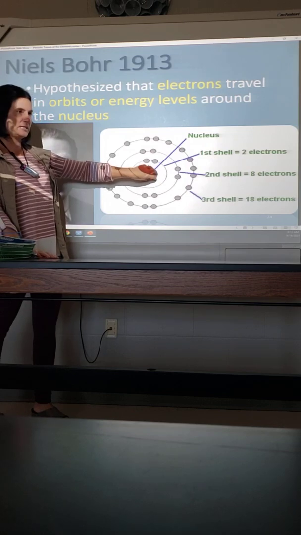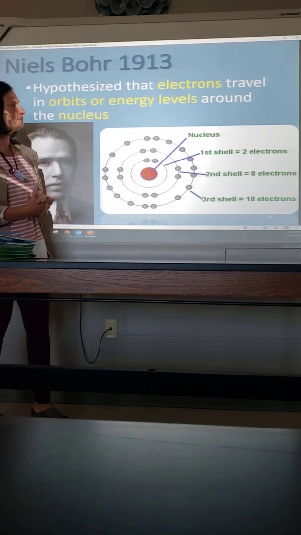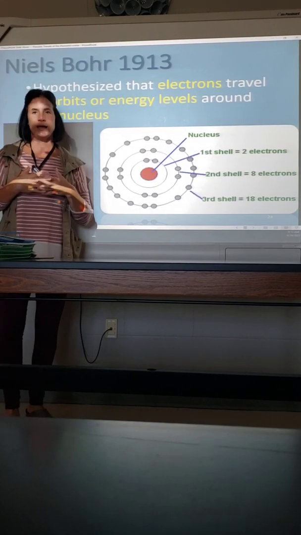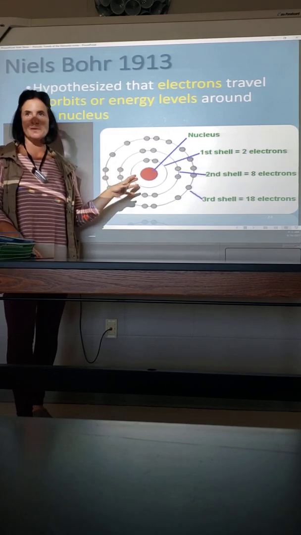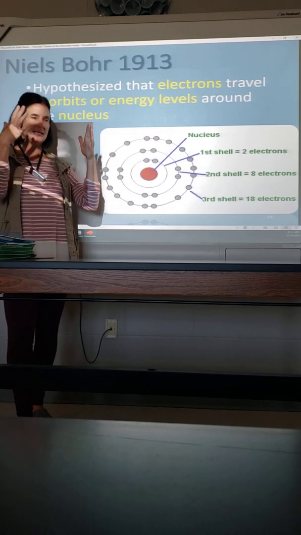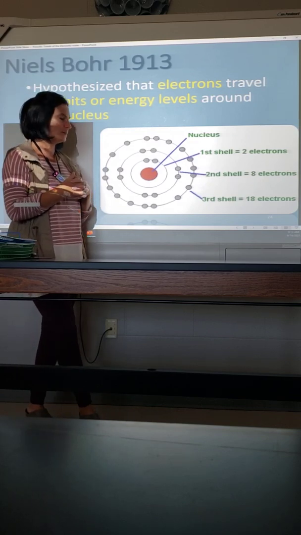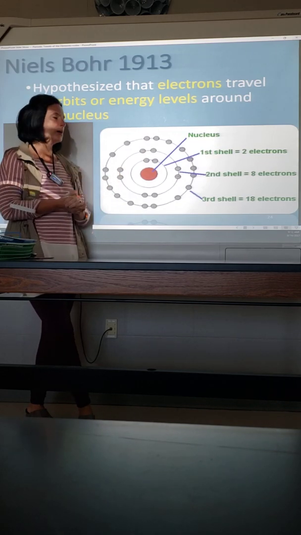So again, Dylan was saying this is the sun, and then these kind of look like the planets, all right? So Niels Bohr, and when we're looking at chemistry and looking at energy levels, this is kind of the model we use because it's simple and it's easy to work with. We're going to do something called an electron dot model, and it's kind of based off of his work.